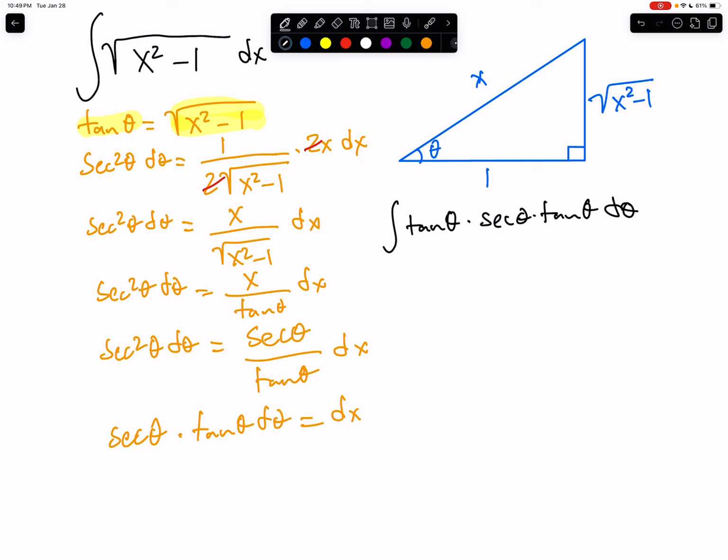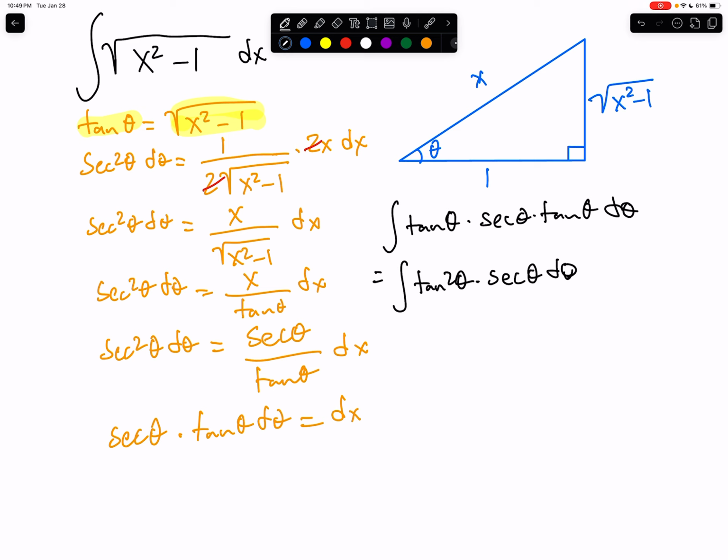I could have set tangent of u equal to the square root of x squared minus 1. Same thing. So I'm going to rewrite this as tangent squared of theta times secant of theta d theta.